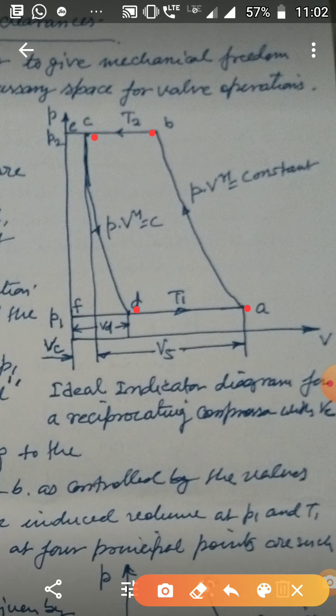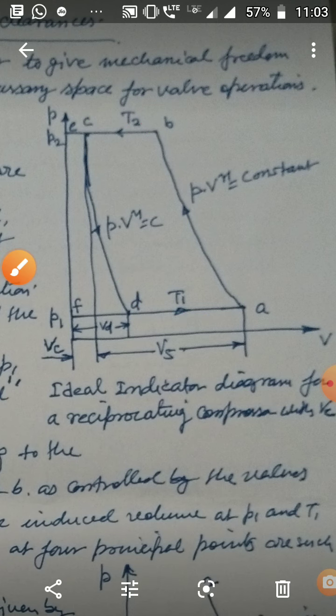If we start from point A, then the compression of the air will take place along A to B. B to C is the delivery stroke where the delivery of the air takes place. From D to A is the suction where fresh air will enter the cylinder, and C to D is the expansion of the air which exists in the clearance volume.